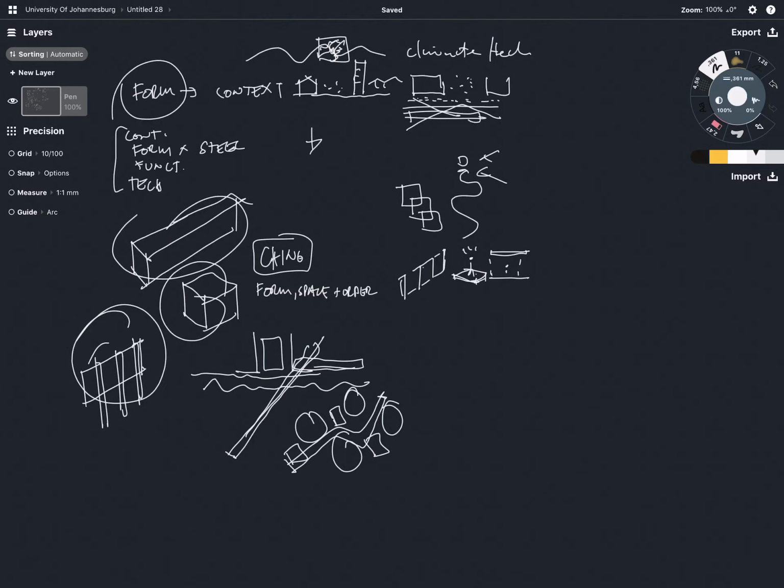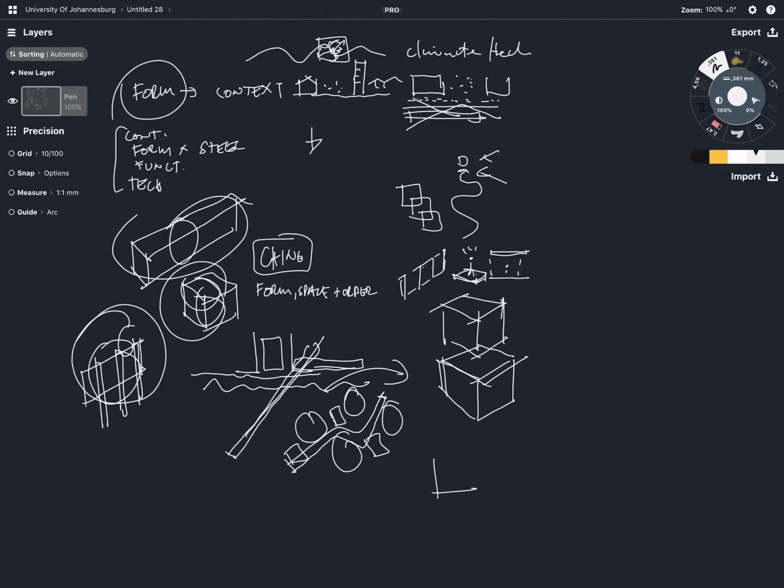But forms are identified by and formed by this analysis of your context. For example, if I come to the conclusion that my site and my form needs to be very square or a series of squares, for example, my concept, my idea ends up being that it needs to be a series of squares, or a series of squares with courtyards that are cut out.